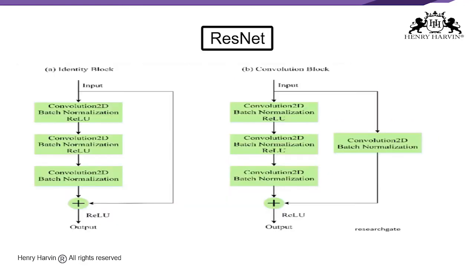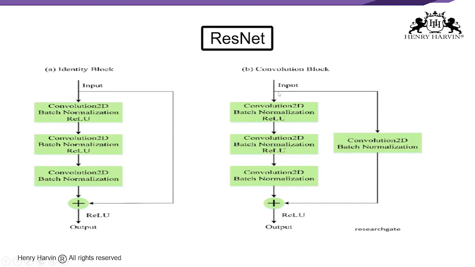You can see the identity block over here: convolution 2D, batch normalization, ReLU, then convolution 2D, batch normalization, ReLU, convolution 2D, batch normalization, and finally ReLU is done. So this is what we have seen.